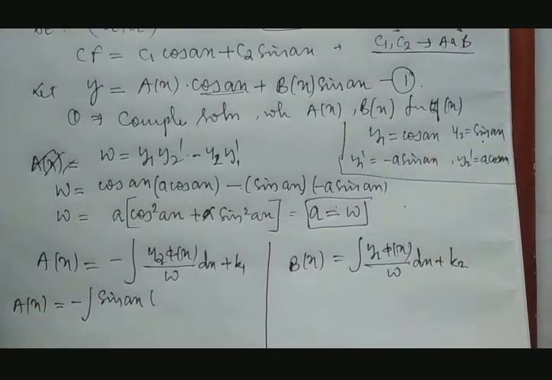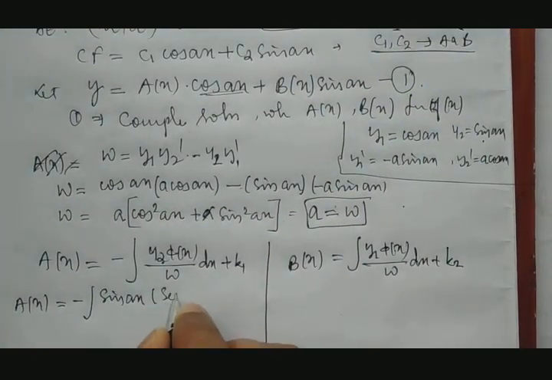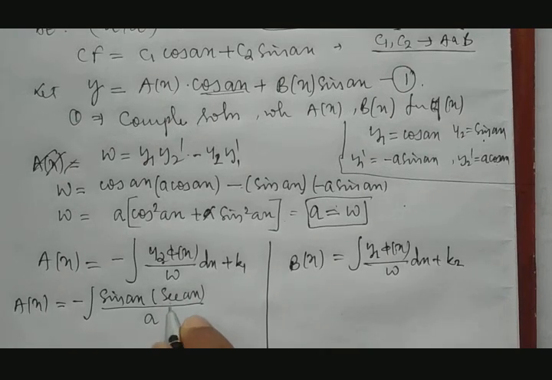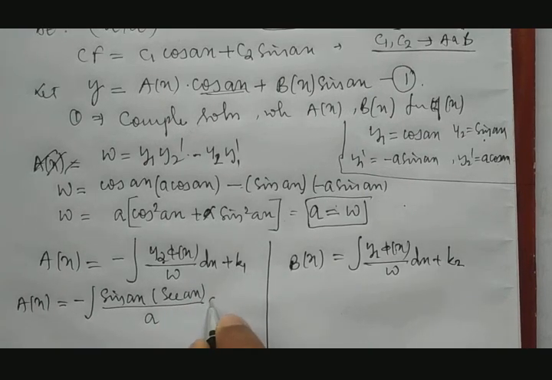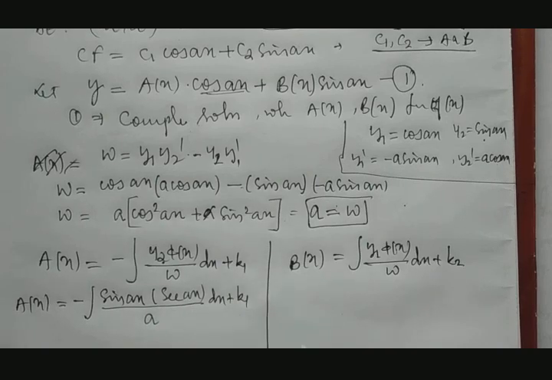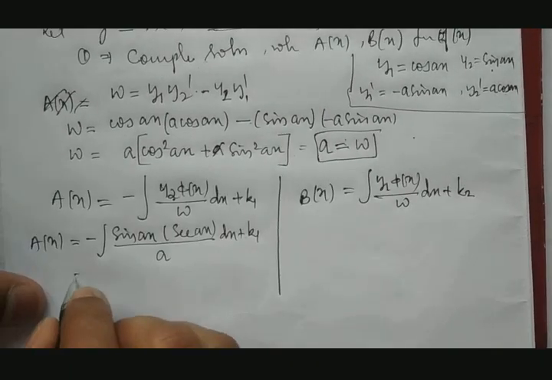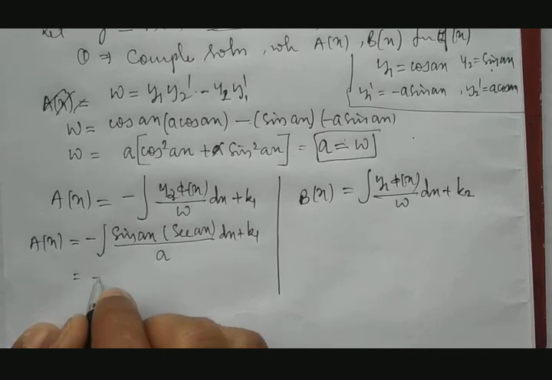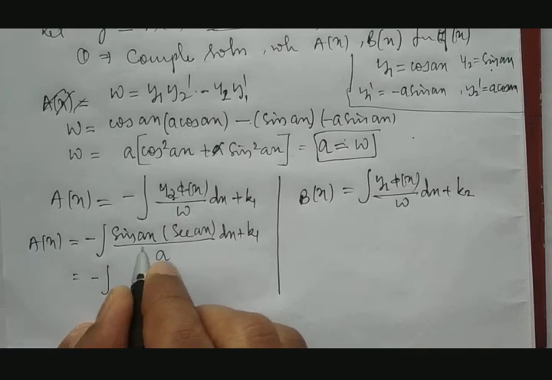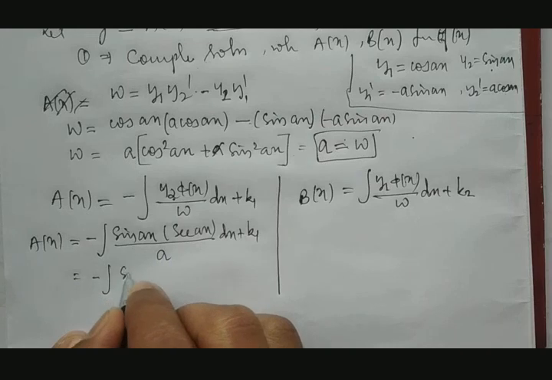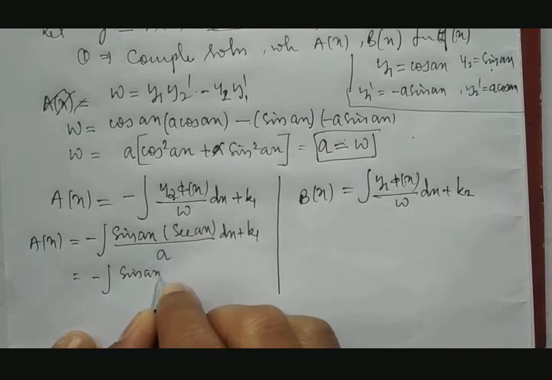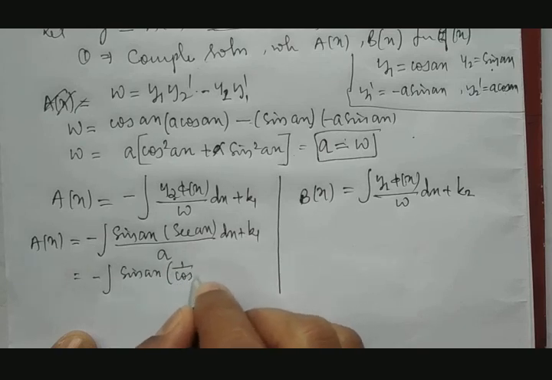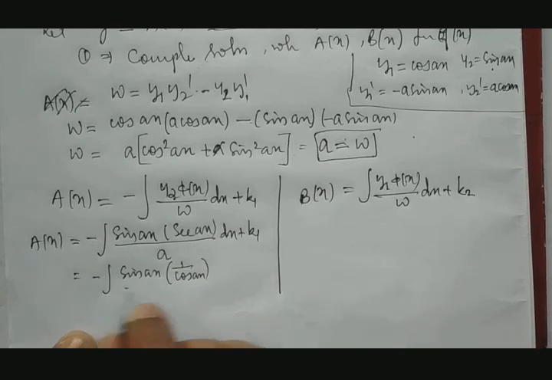Okay, so right here sec ax divided by W, that is a, with respect to x plus k1. Therefore first you simplify everything, then we go for integration. So minus integration of this sin ax into this sec, which can be written as 1 by cos ax, divided by a.